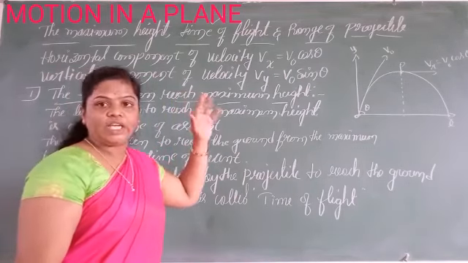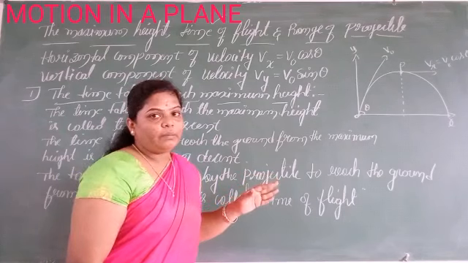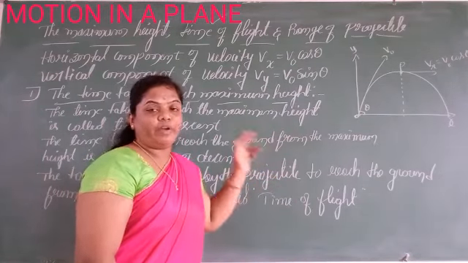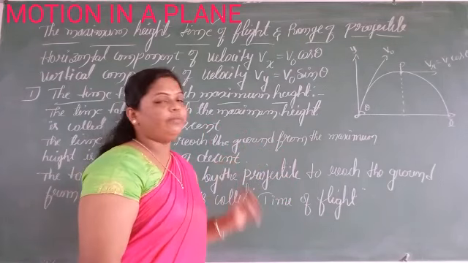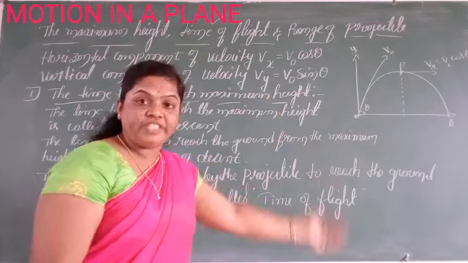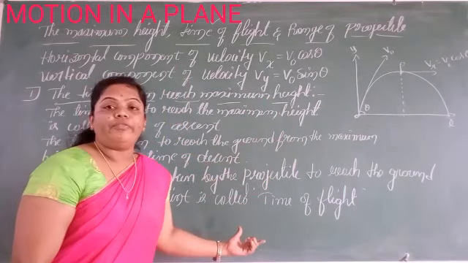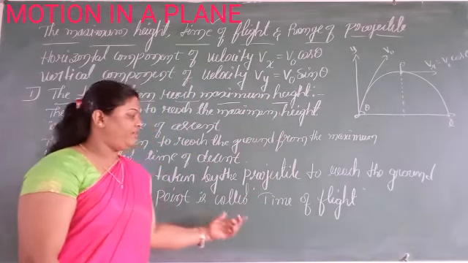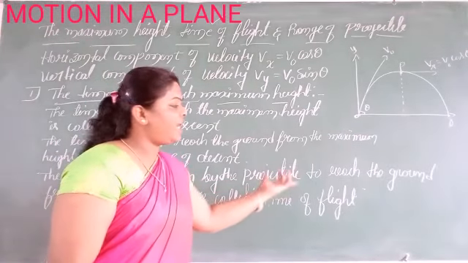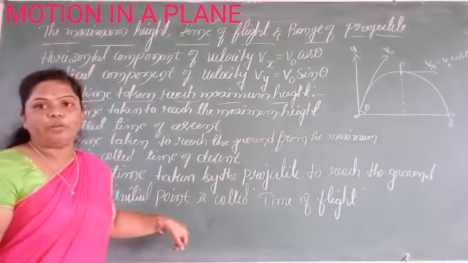The time taken to go upwards we call time of ascent. Then coming down from the maximum height is the time of descent. So time of ascent plus time of descent we call time of flight. So what is the definition of time of flight? It is the total time taken by the projectile to reach the ground from the initial point.